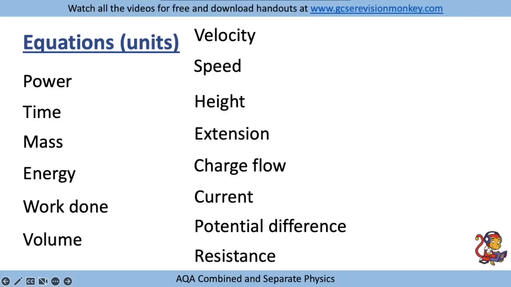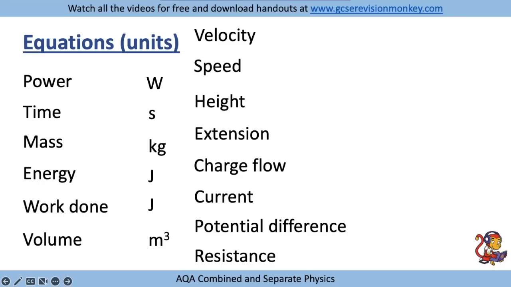So well done if you remembered power was measured in watts, time in seconds, mass in kilograms, energy in joules, and work done in joules, because they are the same thing. We'll come back to this later, but it's important to remember energy transferred and work done are the same thing.